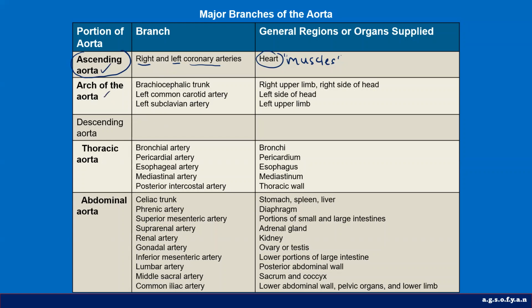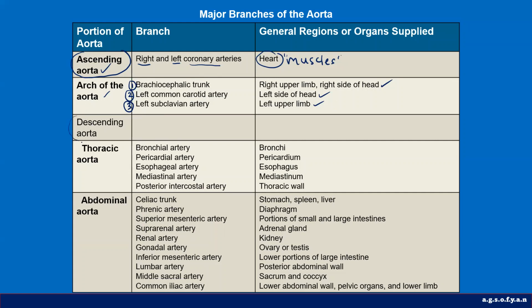And the arch of the aorta will branch into three arteries: brachiocephalic, left common carotid artery, and left subclavian artery. All of these carry rich blood to our brain and also our upper limbs.